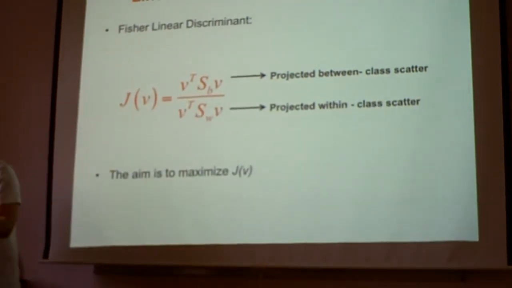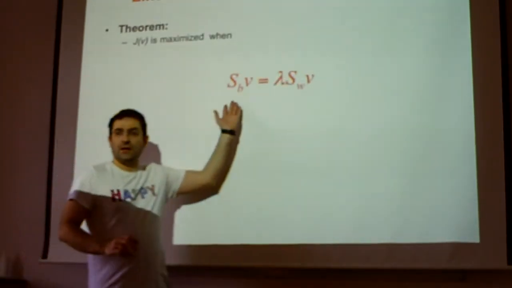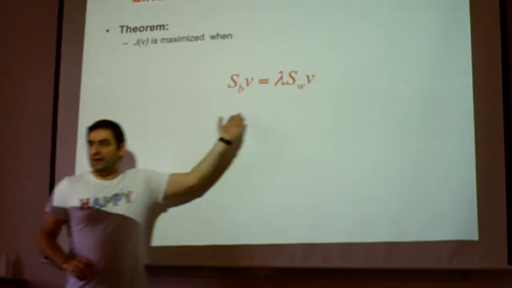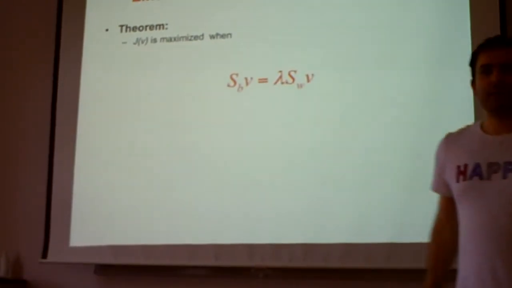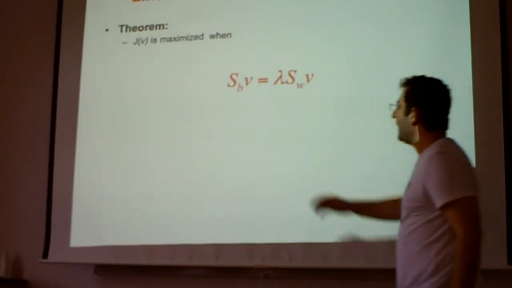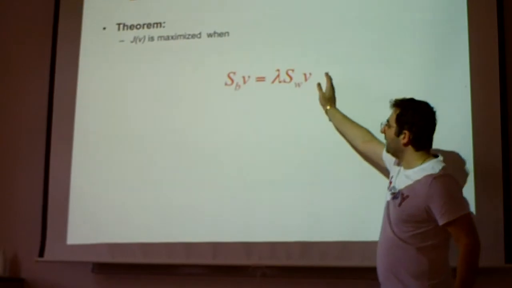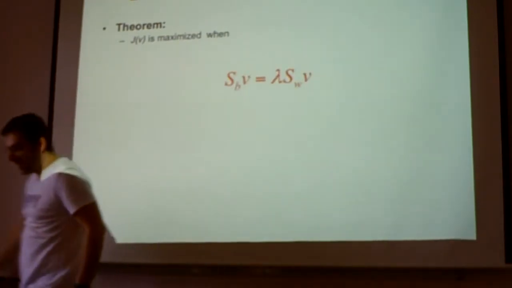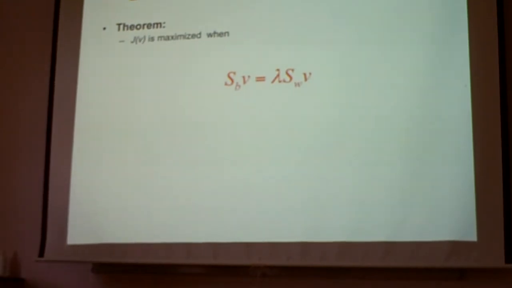Again, mathematicians have nothing else to do except solving this, so they found the solution. The solution will happen if this equation is true: S_B multiplied by V is equal to lambda S_W V. So we can calculate the value for lambda, and we can get the line we need to draw, the plane or hyperplane we need to draw in order to separate our data.